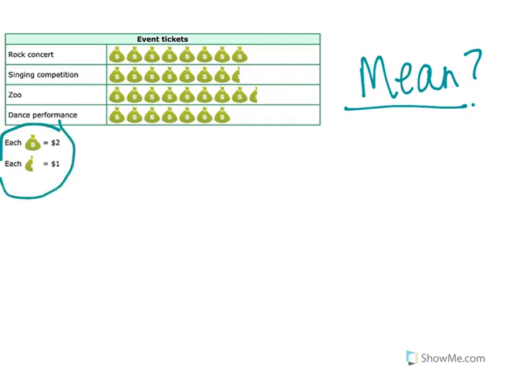I know that I am looking at event tickets, types of concert tickets or event tickets, and I am looking at the price. The key tells me that one bag of money represents $2, and that the images of half a bag of money represent $1.